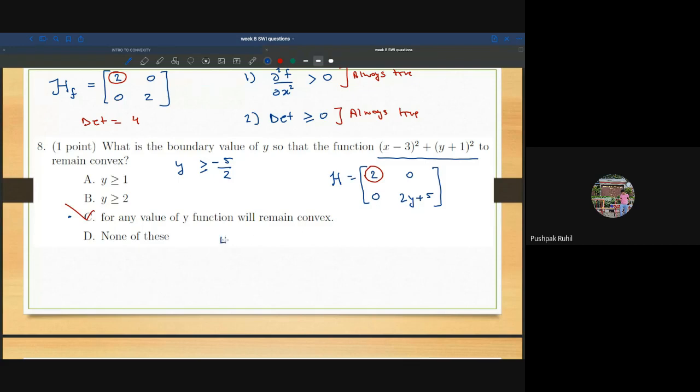In this case, your determinant would be 4y plus 10 more than or equal to 0, which would give you 4y more than or equal to minus 10, y more than or equal to minus 10 by 4, which means y more than or equal to minus 5 by 2.